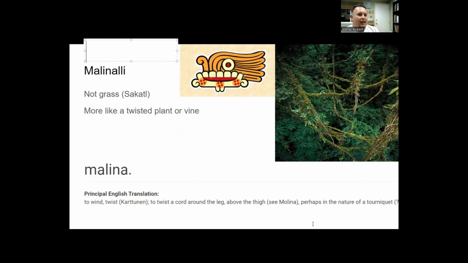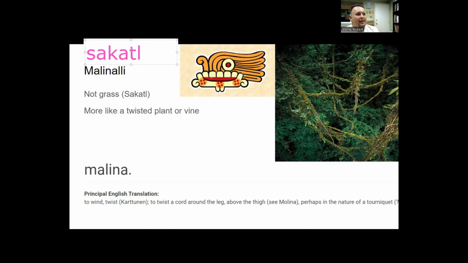Okay. And so all the dictionaries as well, they all say the same thing. And so people would say, all right, everybody says it's grass. Well, it's actually not grass. And the way that I started to figure this out was, well, in Spanish, grass is zacate, right? Zacate.